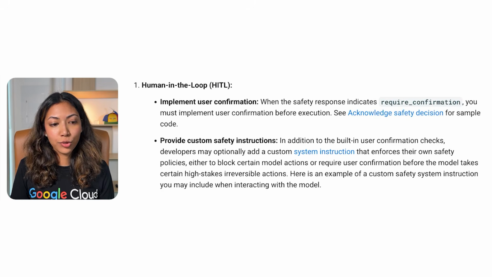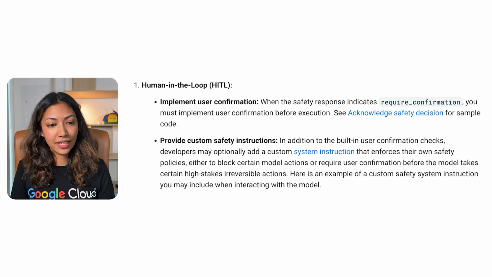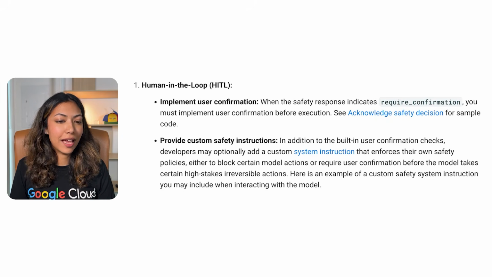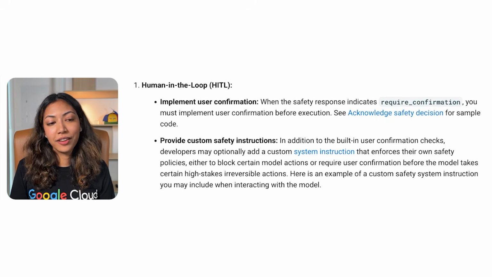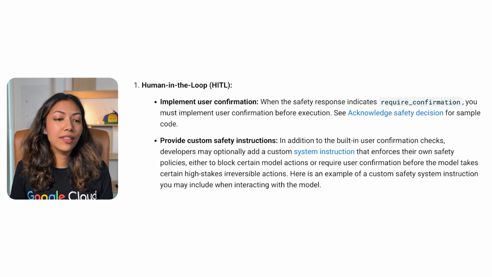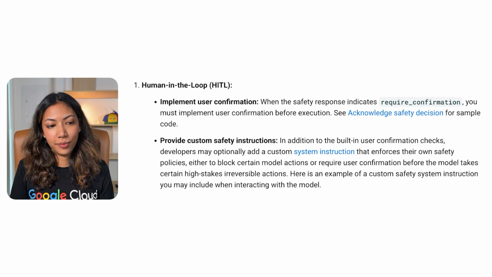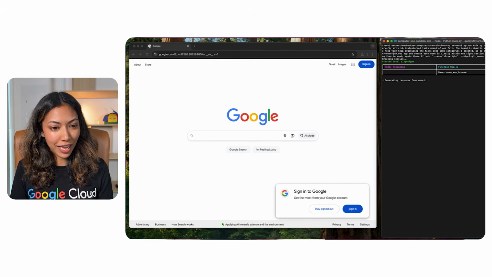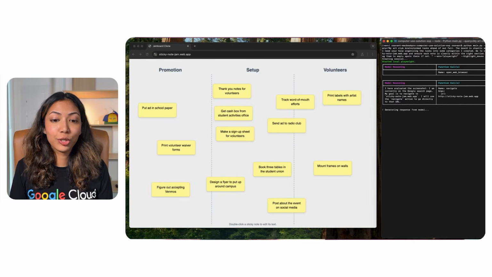Every action goes through a safety system that can either approve, block, or ask for human confirmation before something risky happens. So think like, if you're clicking buy now or even accepting cookies or accepting legal terms, you'll see that confirmation step pop up.